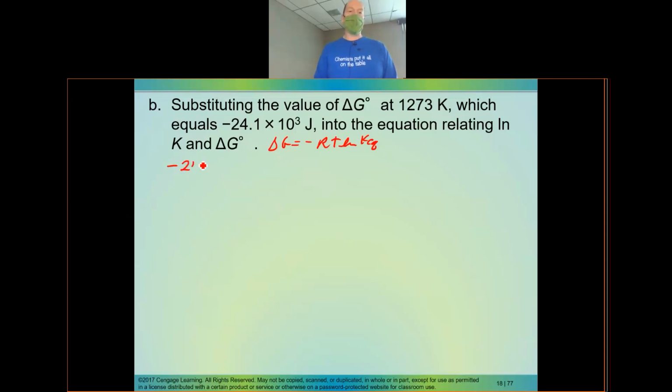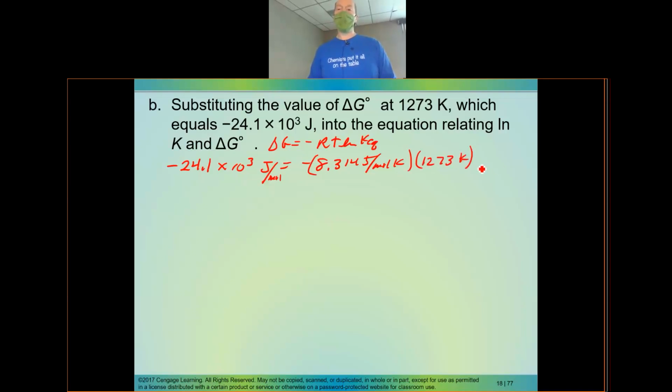So negative 24.1 times 10 to the third joules. Now I can put in my 8.314 joules per mole Kelvin, and that is joules per mole. All right, and now my temperature, which must be in Kelvin, 1273, and then ln KEQ.